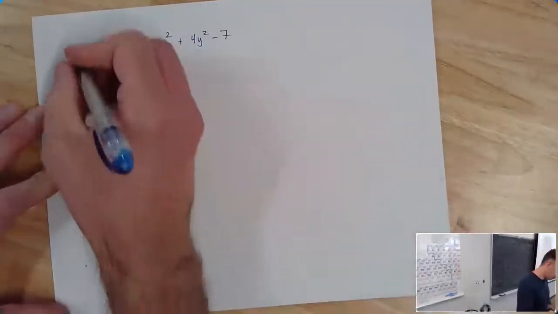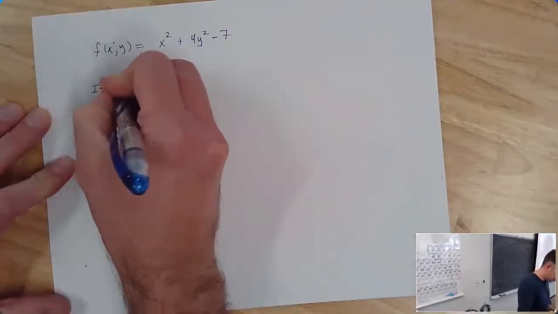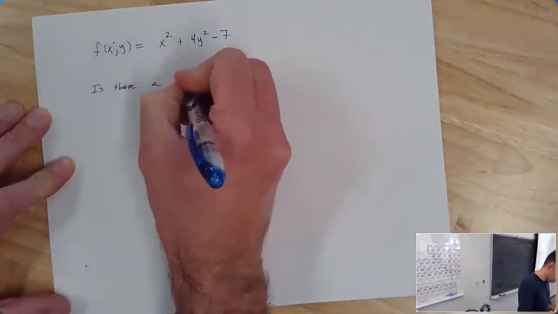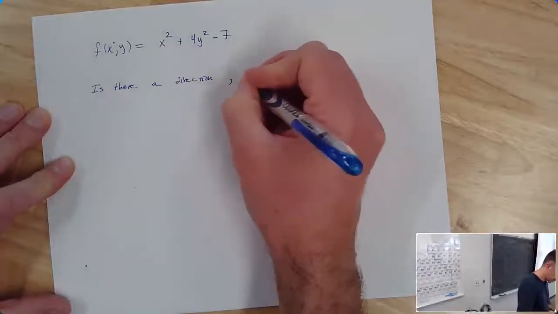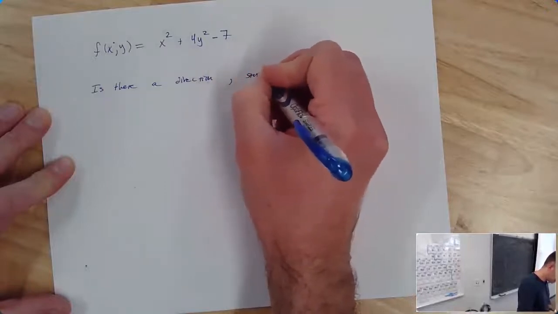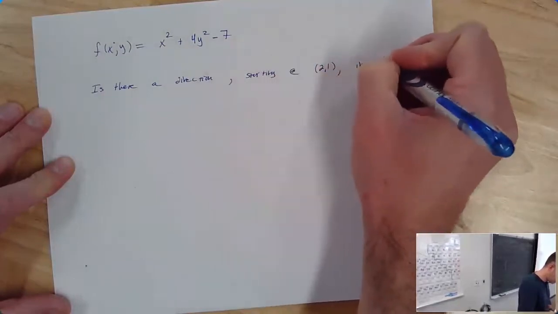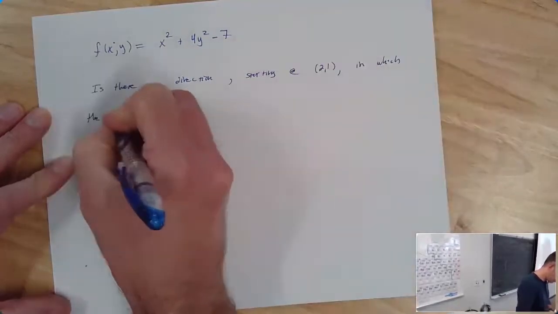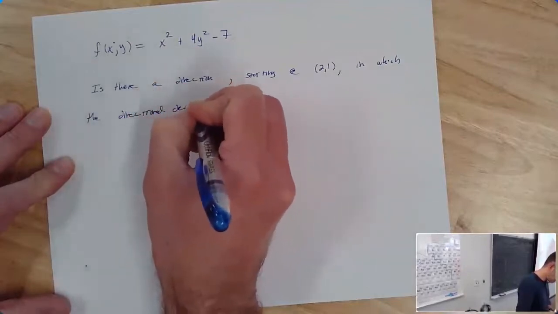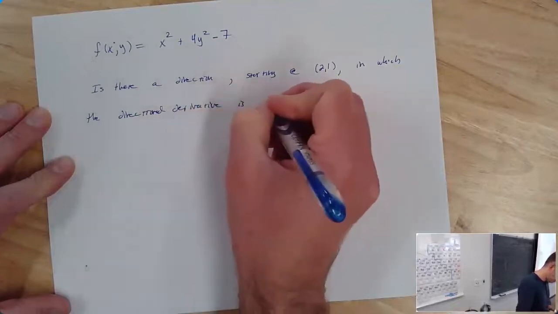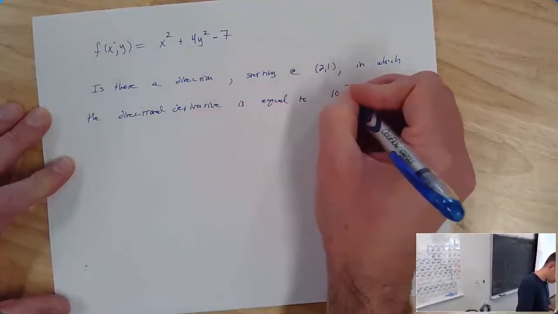And the question we're going to ask is, is there a direction starting at the point (2, 1) in which the directional derivative is equal to 10?